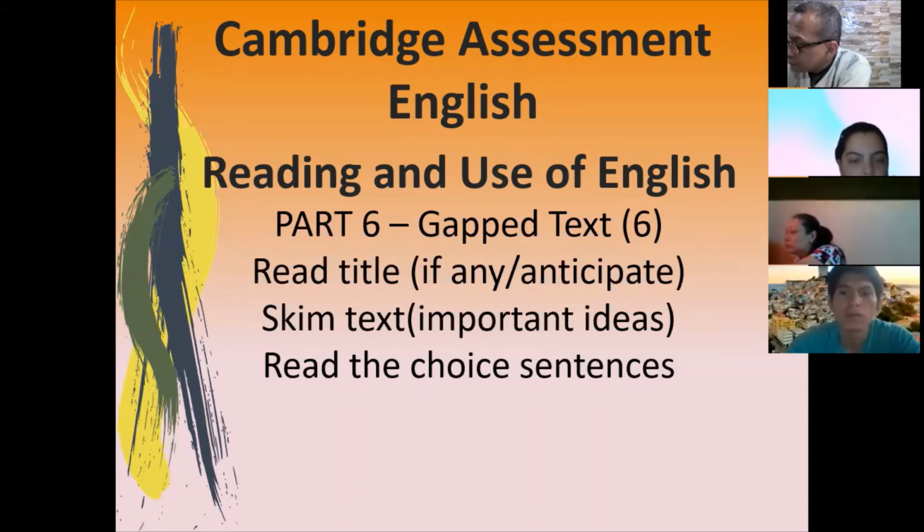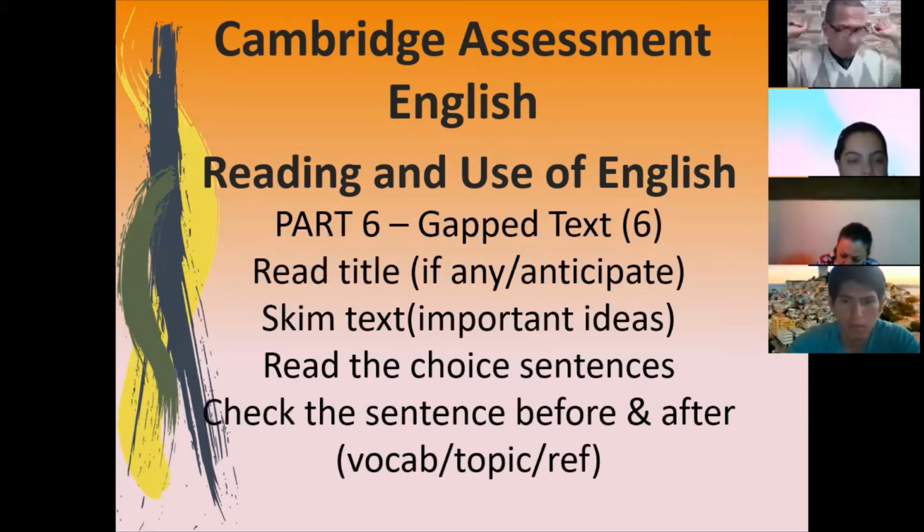And then read the choices before you actually match them. Now, this is one of the most common ways of doing it. Before you actually complete, put the sentence back in the place where you think it goes. Check the sentence before and the sentence after, in order to see if the vocabulary, the topic, the references match.